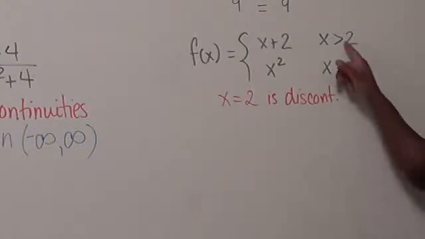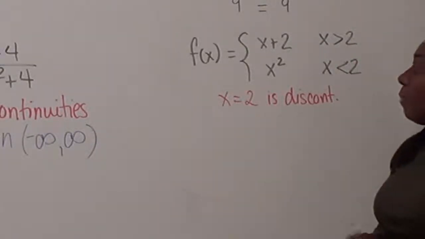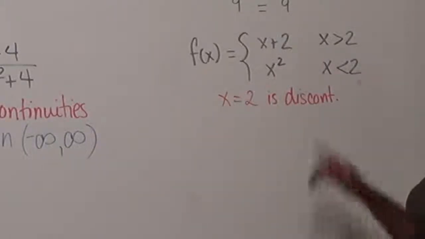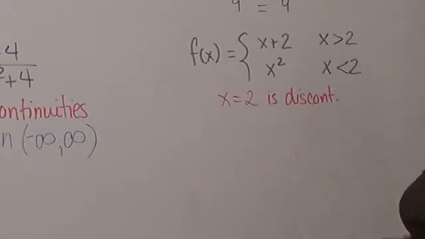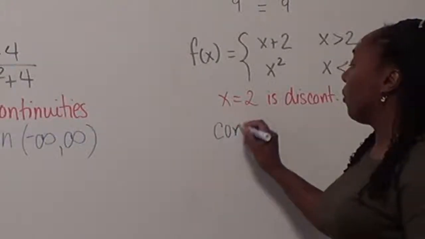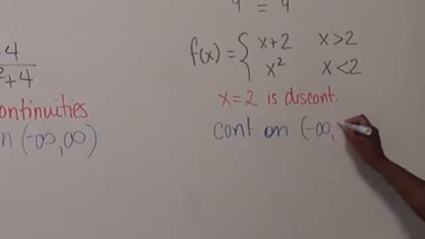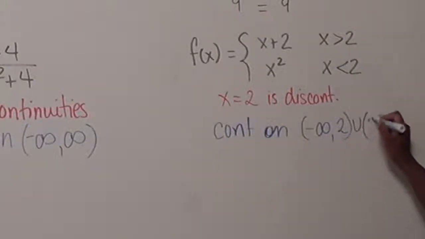Okay? Both are strict inequalities. Okay. We don't even need to check the limit existing at 2 because we've already said it's a point of discontinuity. And everywhere else the limit does exist, and equals the function value. So we can say our interval of continuity is from negative infinity to 2, union 2 to infinity.